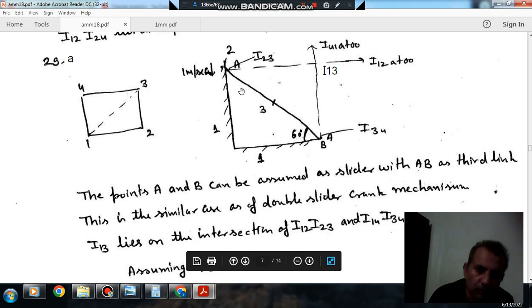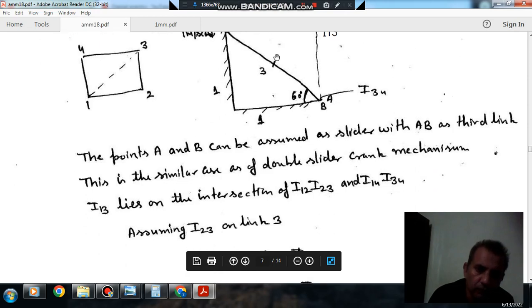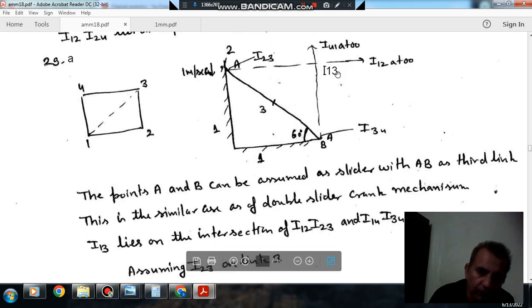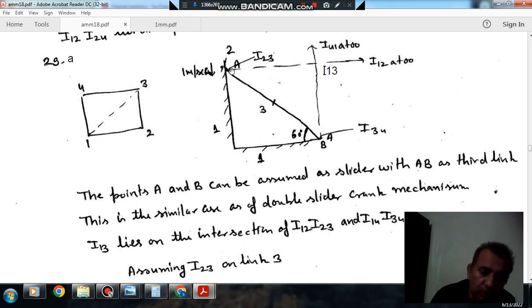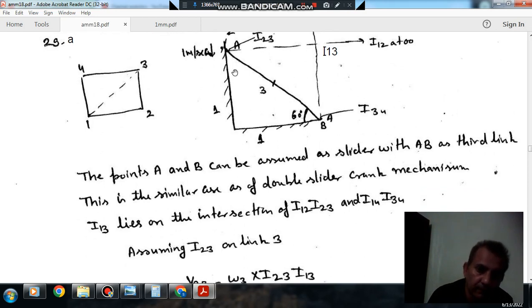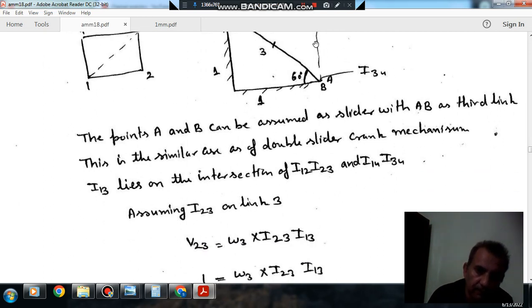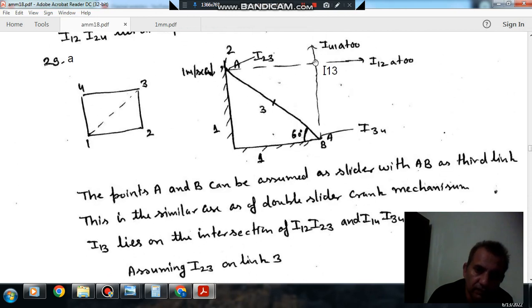Okay. So now we have this point I23. I23 means it is on link 2 and it is on link 3. When I23 is on link 3, it is rotating about this point I13. Okay. So this distance is I13 to I23, and this is the point of rotation.